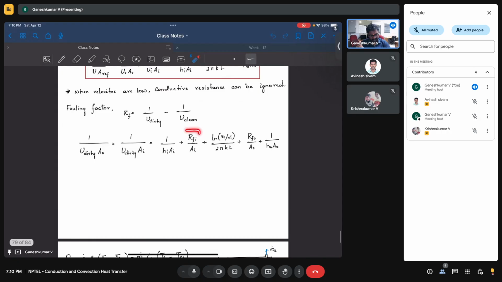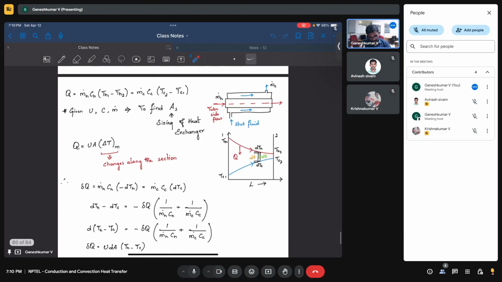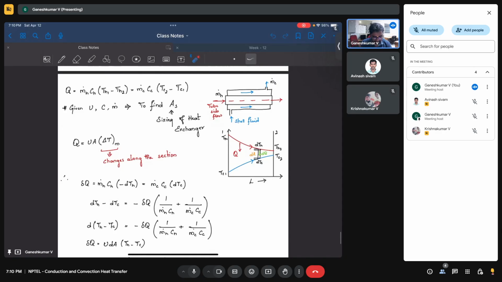That is what we are adding as two separate resistances here. So this will be for a dirty tube, and the difference between this and this will be the fouling factor. And then we went on analyzing how to find the heat transfer.